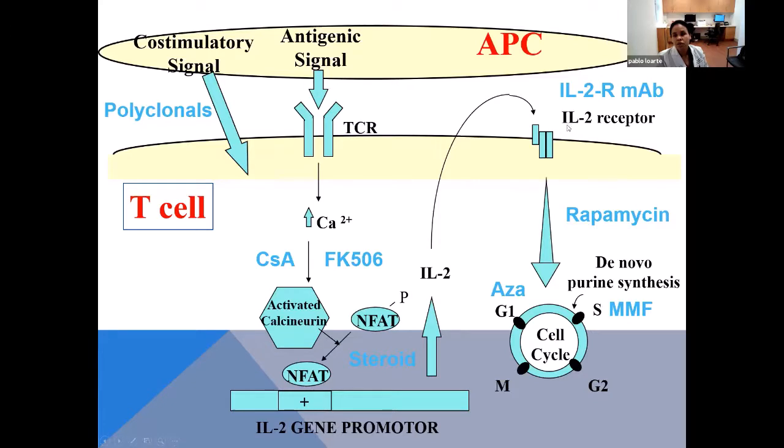That one does not kill your T cells. It just blocks the interleukin-2 receptor and prevents the cell from entering the cell cycle. For induction therapy, we tend to use the T cell depleting agent for patients who are very highly sensitized and at risk of developing rejection. We tend to use basiliximab more for people who are lower risk.